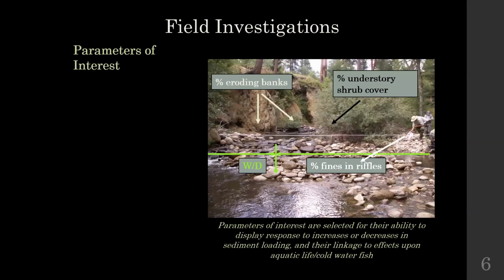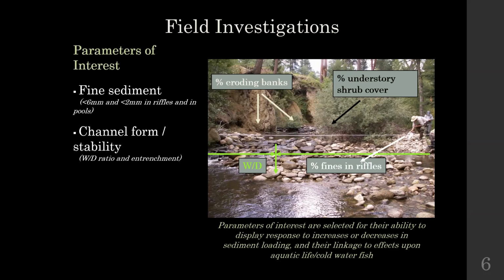So some of the parameters of interest that we use in developing these targets are, as Christina mentioned, the amount of fine sediment in the bottom substrate of the stream, which is used by spawning trout. We don't want too much fine sediment, which can deplete them of oxygen and lower their survival. We also look at the channel form of the stream. A stream that's too wide might indicate that sediment has been eroded from the stream banks.